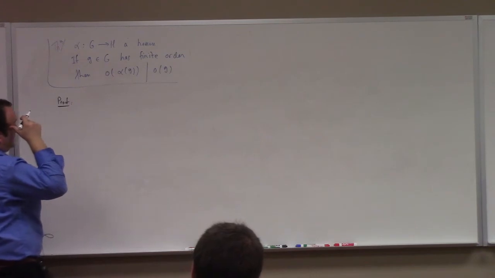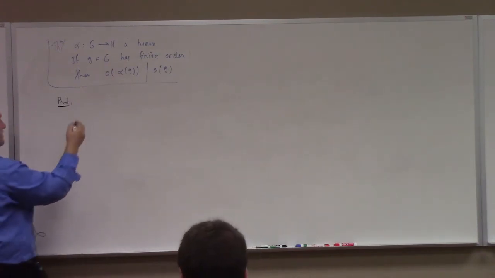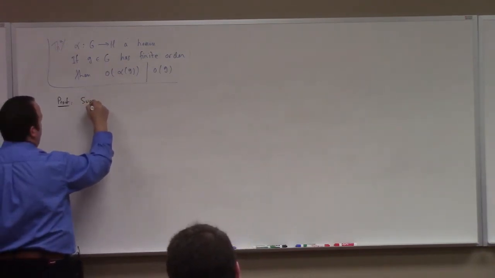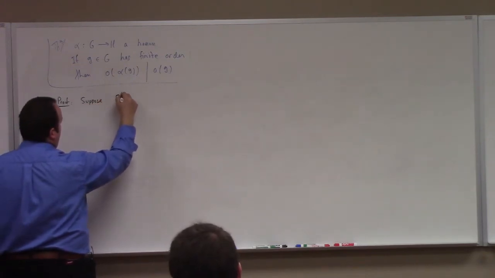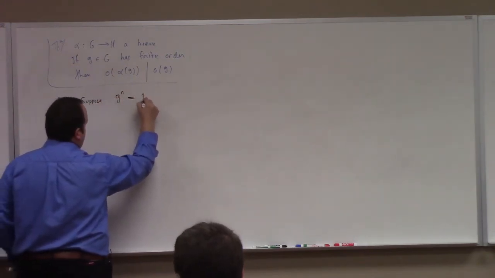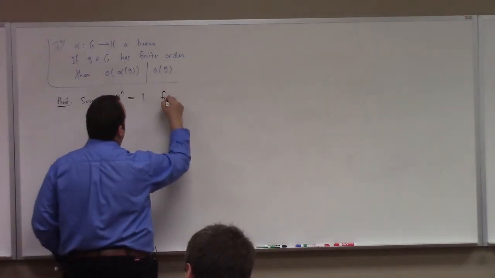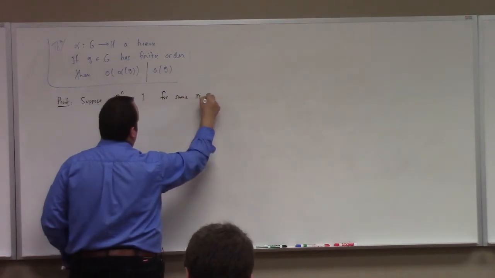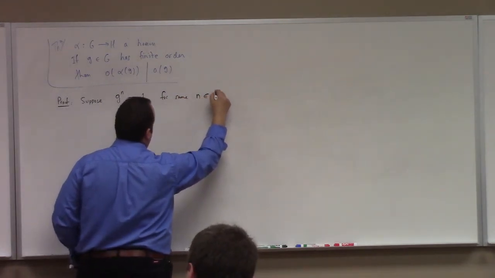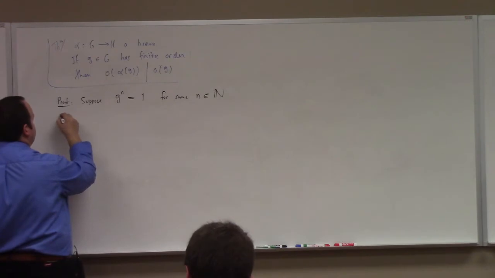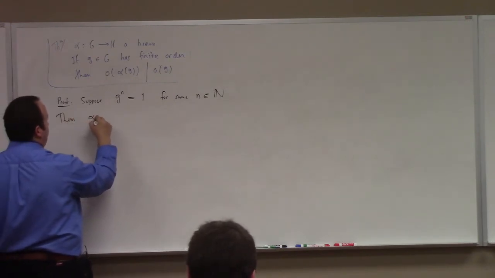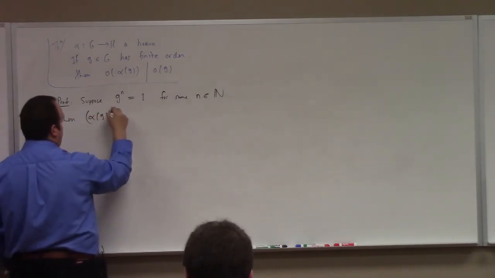Let's see here. So to say G has finite order means what? Right, G to the n is equal to 1, let's say, for some natural number. Then if you look at alpha of G raised to the n power, what do you get?